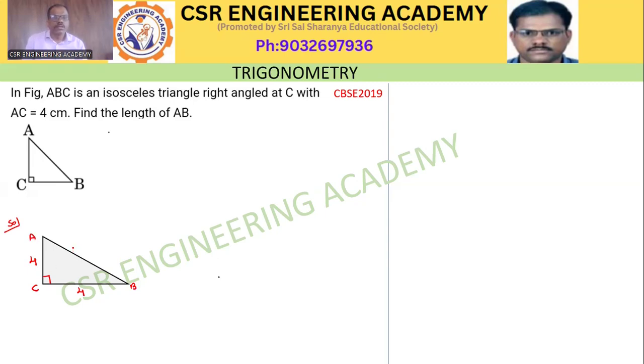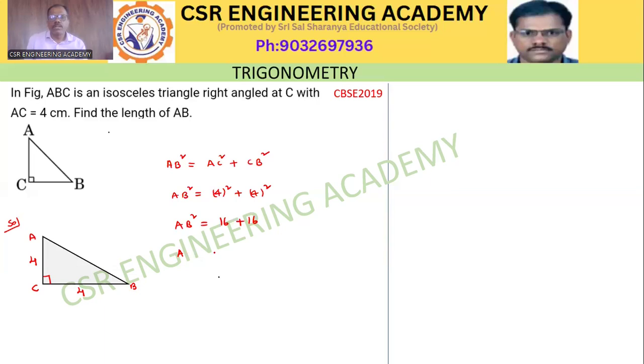In an isosceles triangle, the lengths of two sides are equal. According to Pythagoras theorem, AB square is equal to AC square plus CB square. AB square is equal to 4 whole square plus 4 whole square, which is 16 plus 16.